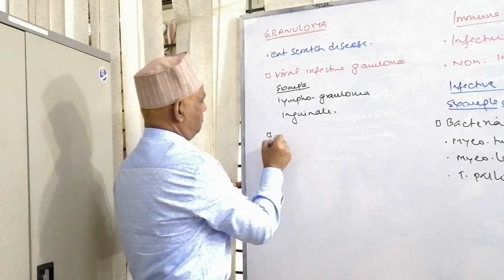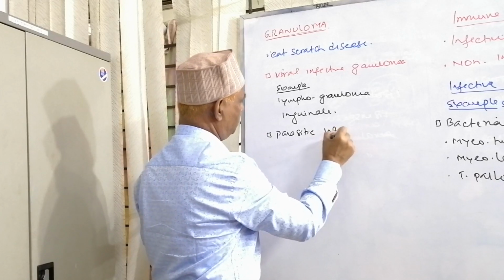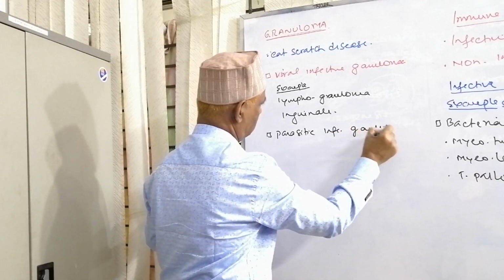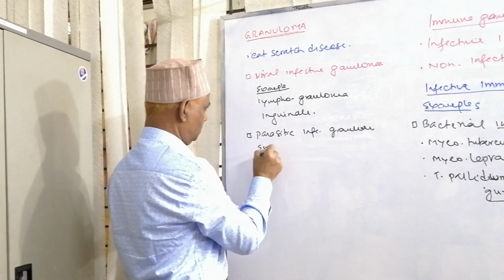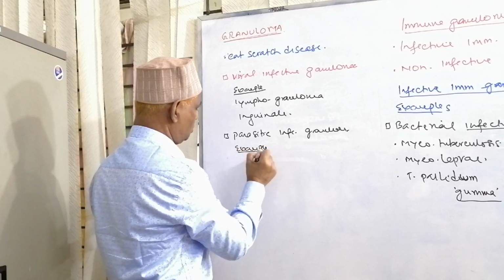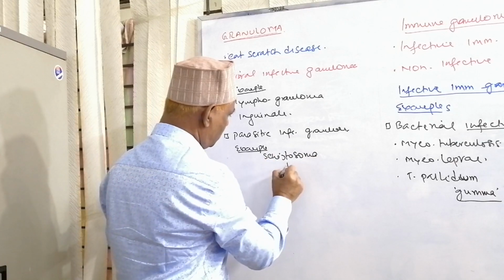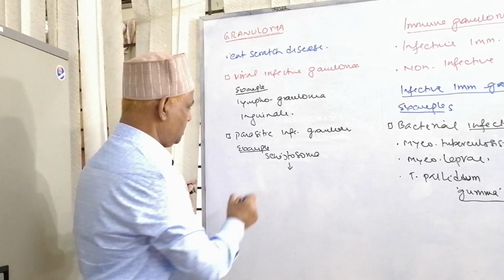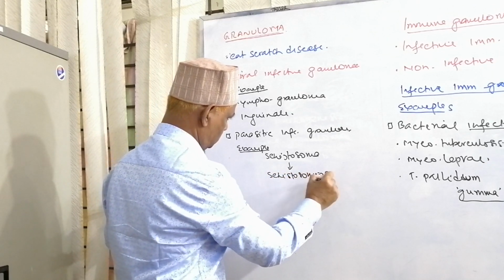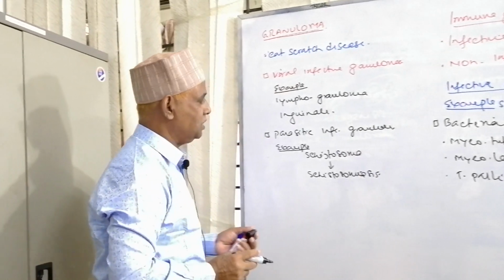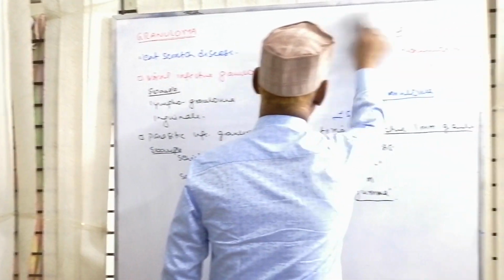Then parasitic infective granuloma. An example of parasitic infective granuloma is Schistosoma. It causes the disease schistosomiasis. At the site of schistosomiasis, there is formation of granuloma. It is an example of parasitic infective granuloma.